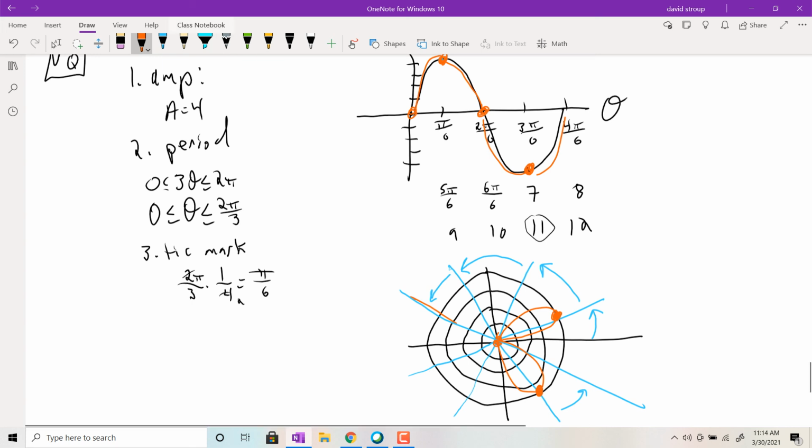Anyways, from 4 pi over 6 to 5 pi over 6, you're starting to repeat itself. So I'm drawing it in yellow now, going from there to there. So now, where are we on the polar graph? From 4 pi over 6 to 5 pi over 6.